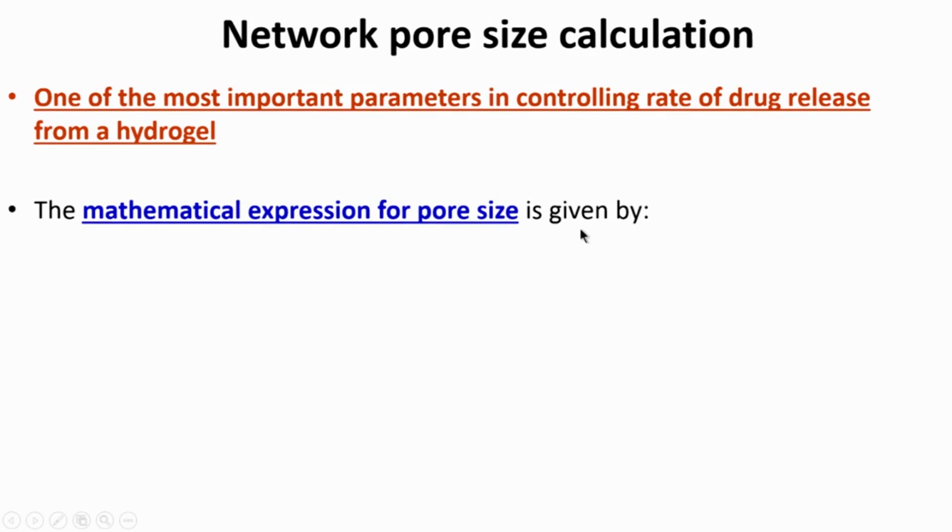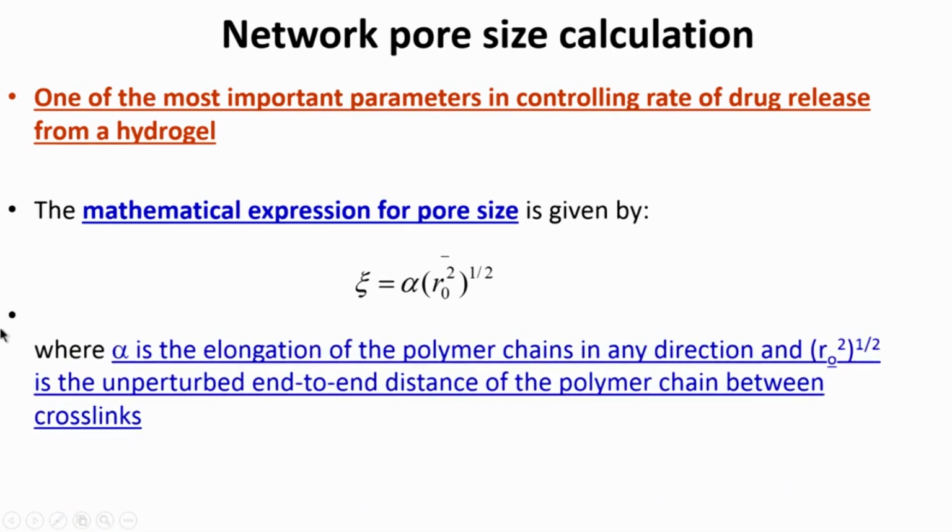So, for the network pore size calculation, one of the most important parameters in controlling the drug release rate is the pore size. The mathematical expression of the pore size is alpha times the square root of r naught squared, where alpha is the elongation of the polymer chain. Let us say my polymer chain is of length L; after the formation and elongation it becomes L plus delta L. So, alpha is basically the elongation of this chain, where r naught is the unperturbed end to end distance of the polymer chain between cross links.